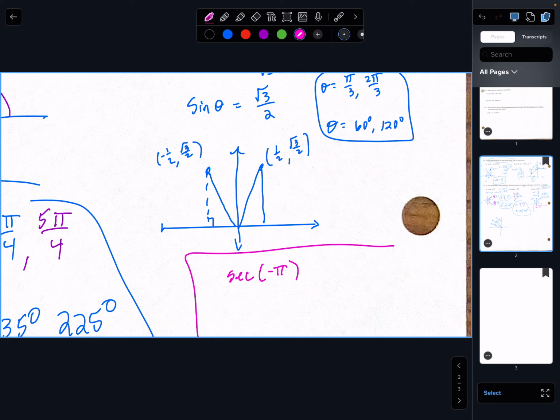This is not one that is a 30, 60, 90 because it lands on, if you draw this, you're rotating backwards to here at negative pi. You're ending here. So if I go to the unit circle, this is to the left 1 and up 0. And secant is the reciprocal, it starts with an S, it's the reciprocal of cosine, so it's the reciprocal of the x value, and the reciprocal of negative 1 is negative 1.